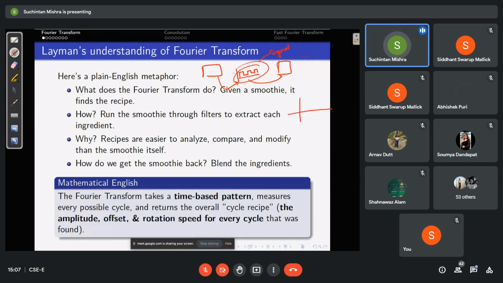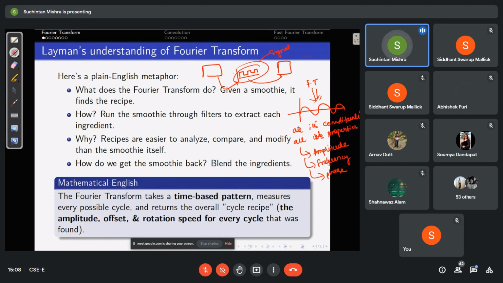Now, if I give you a signal and I ask you, find out all its constituents or find out all its properties. Okay, so what can be the properties? Amplitude, frequency, phase. So all those information can be available if we apply Fourier transform on a signal.